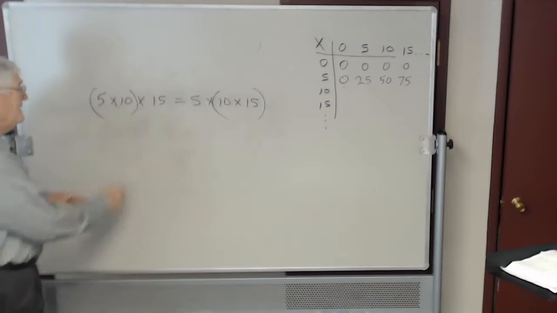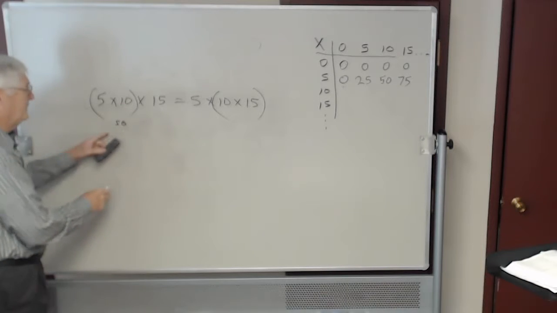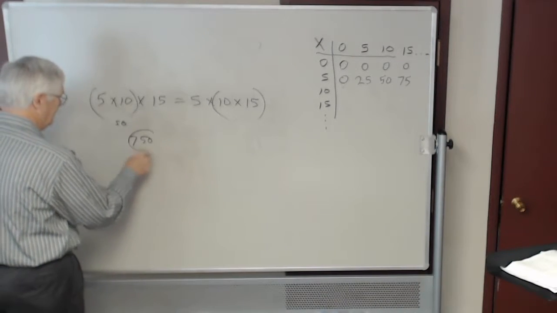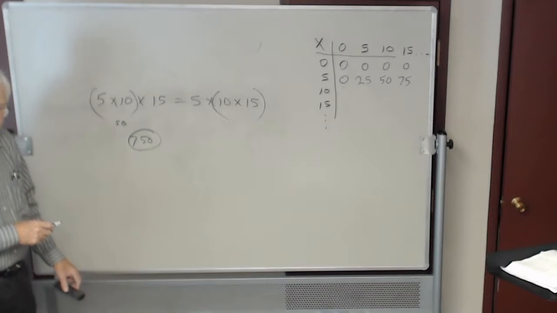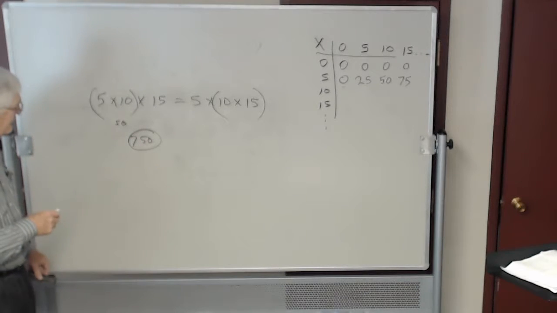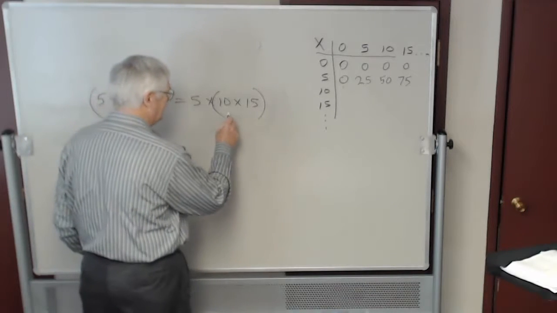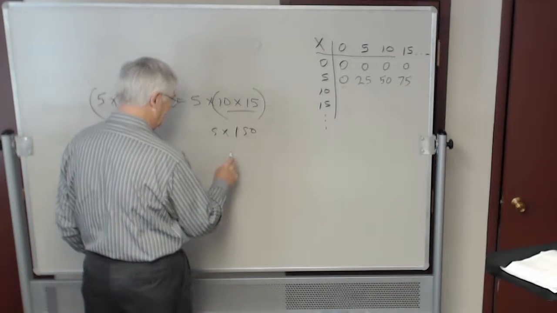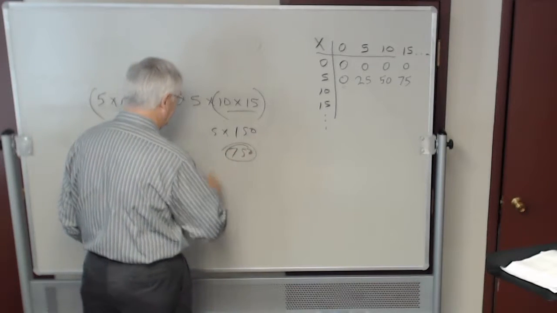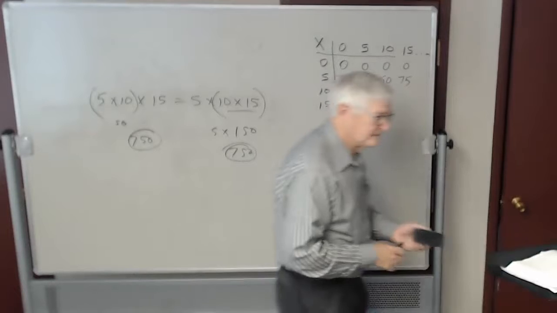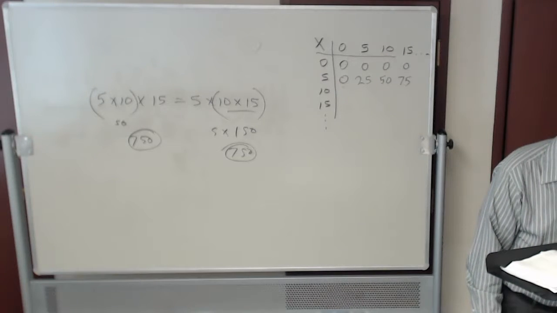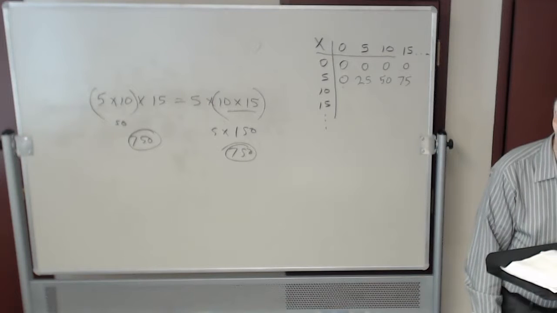What's 5 times 10? 50. What's 50 times 15? 750. So what's 10 times 15? 150. What's that times 5? 750. So what do we say? Is it associative? Yes.